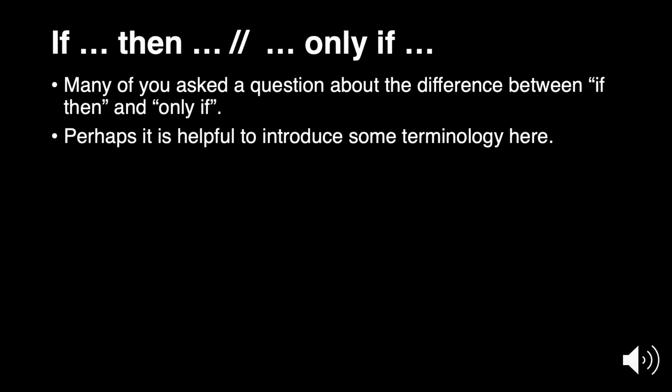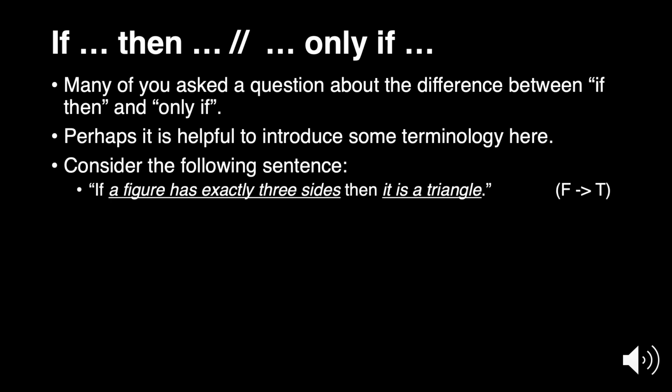Okay. Another set of questions concern if then and only if. Well, these are all about conditionals. Now, what exactly is the difference between if then and only if? It might be helpful to introduce some terminology here. Consider the following sentence. Okay. If a figure has exactly 3 sides, then it is a triangle.